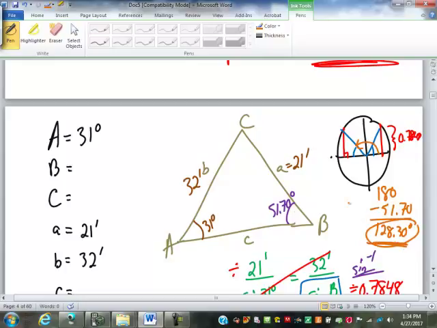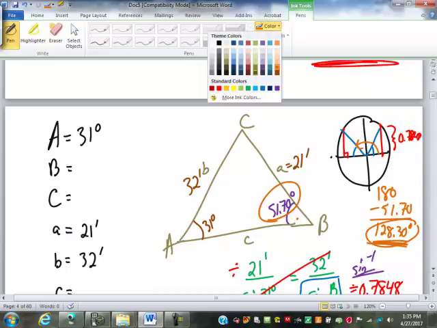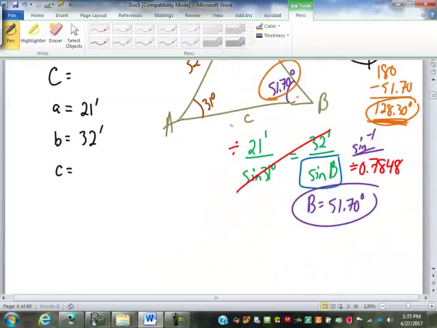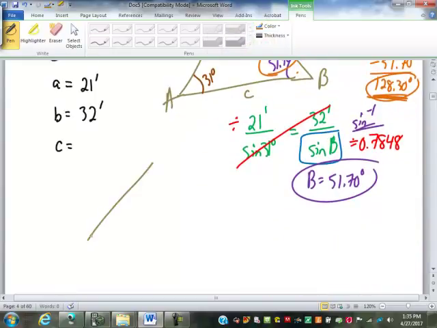Do we know whether that angle is really 51.7 or 128.3? We don't. I drew that picture. That angle looks acute in this picture, but I drew it. It wasn't given to me. That picture very well could be different; this could still be 31 degrees.